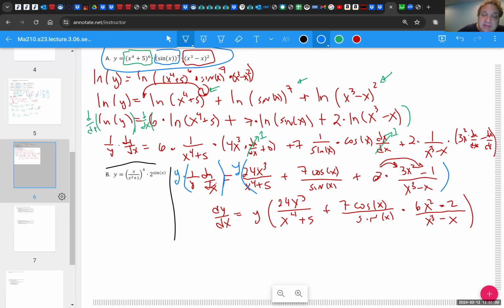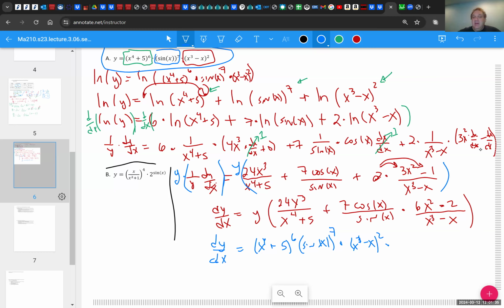So that means dy/dx is going to equal, well, y is x to the fourth plus 5 to the sixth times sine x to the seventh times x cubed minus x squared, times, that was just y.